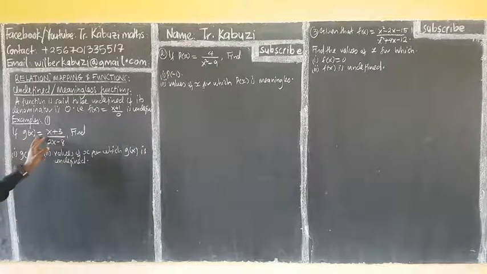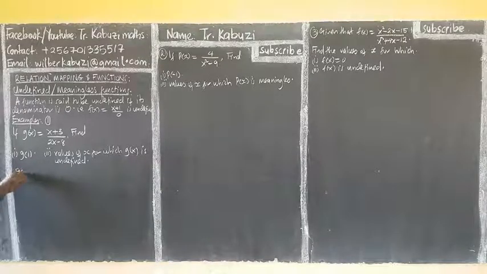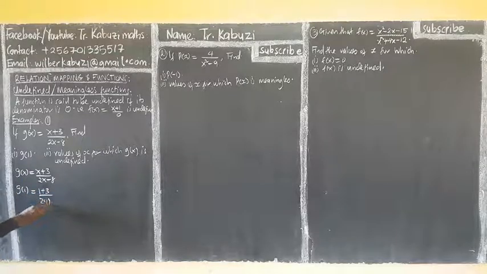If g of x is this, find g of 1. So this means we are just going to substitute. Now g of 1 means I substitute. I have 1 plus 3 over 2 into 1 minus 8.